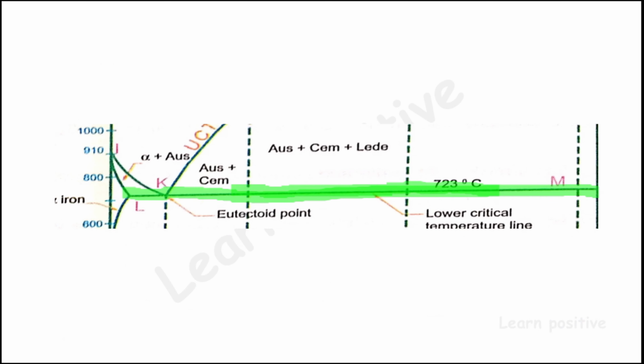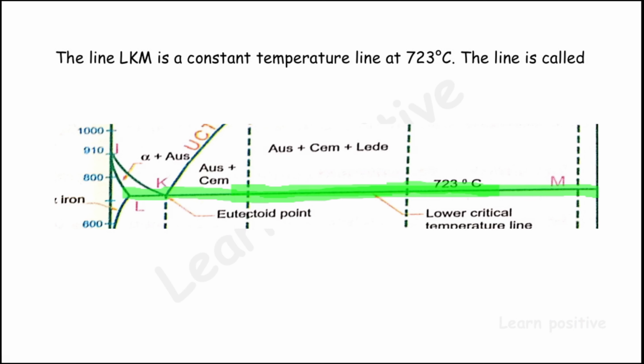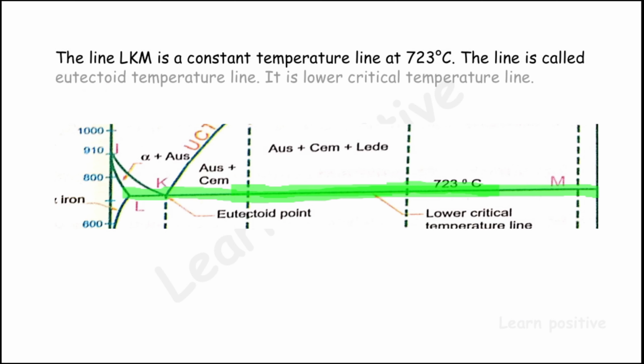It was shown in the diagram in blue color. The line LKM is a constant temperature. So the constant temperature line, that is 723 degrees Celsius, is called the eutectoid temperature line. It is the lower critical temperature line also. It was shown in the figure in the green line. So the line never changes.